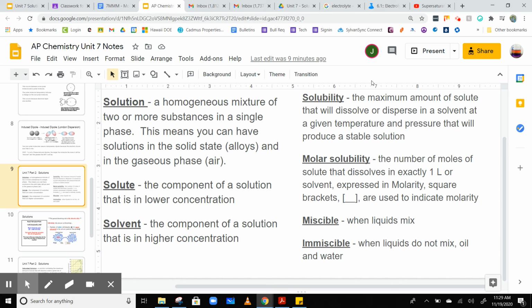However, if you have a gas into a liquid, like carbon dioxide dissolving into water, as temperature goes up, the solubility goes down. That's one of the reasons why, for oceans, if the oceans get warmer, they absorb less and less carbon dioxide. So we're going to have more carbon dioxide in the air.